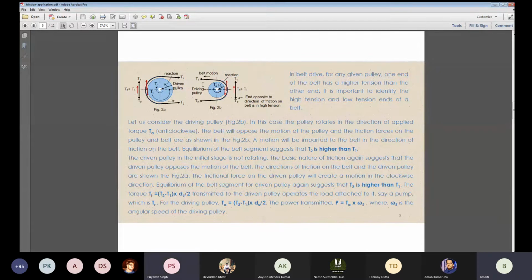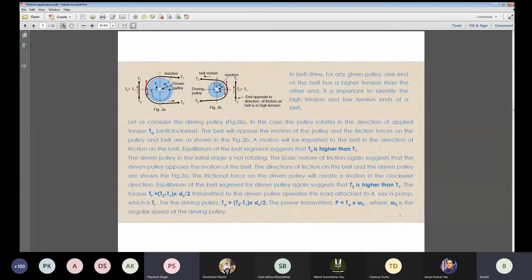Say that value comes out to be 2, and for the driven pulley it comes out to be 3.